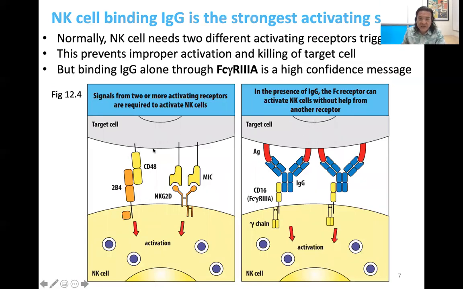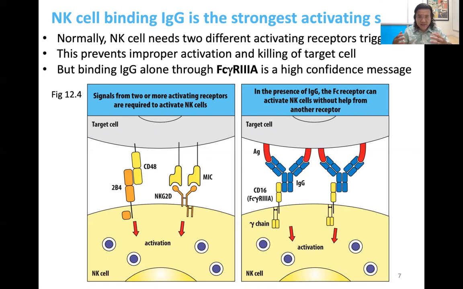So let's look at this. For some receptors from this library that are stimulatory, you have to have a situation where the NK cell, when it's pressed up against another cell, needs to have at least a couple of different types of these activating receptors signaling in order for the NK cell to activate. That's part of the NK cell being kind of conservative, right?